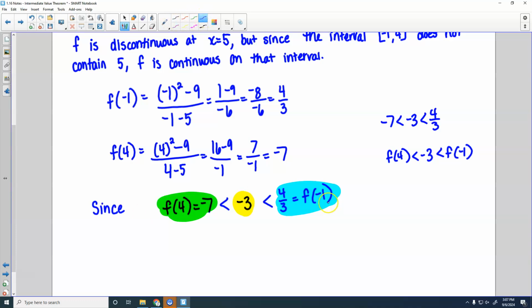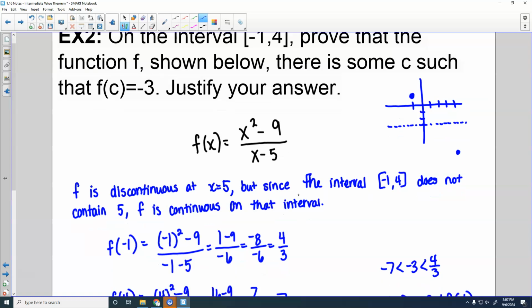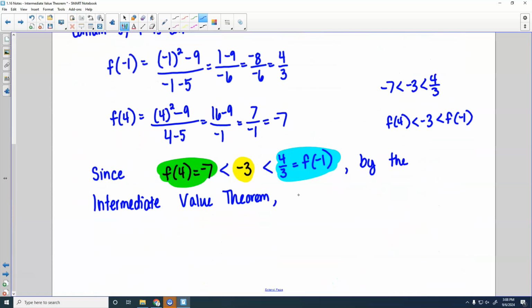So since this is true, since -3 is between our two endpoints, we'll say by the intermediate value theorem, and then I just restate, there is some C such that F of C, I really should say there is some C on -1 to 4 such that F of C equals -3.